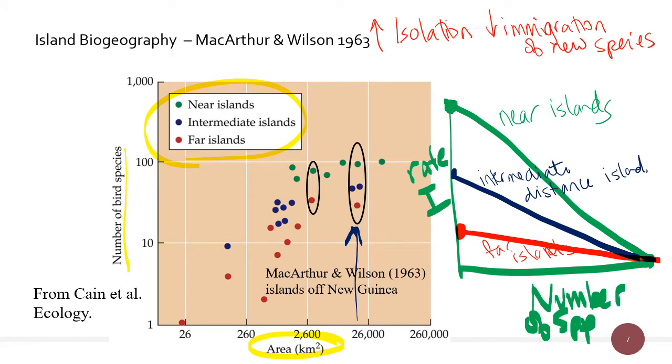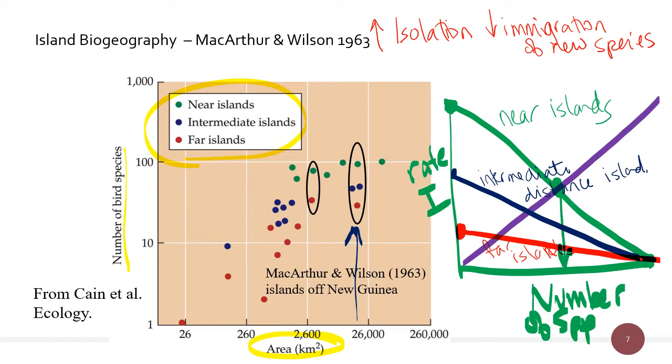We're looking at the same sized islands, but they're at different distances from the source of species. So if we just overlay the extinction line on here, the extinction line is going to be at equilibrium for the near islands at this point.